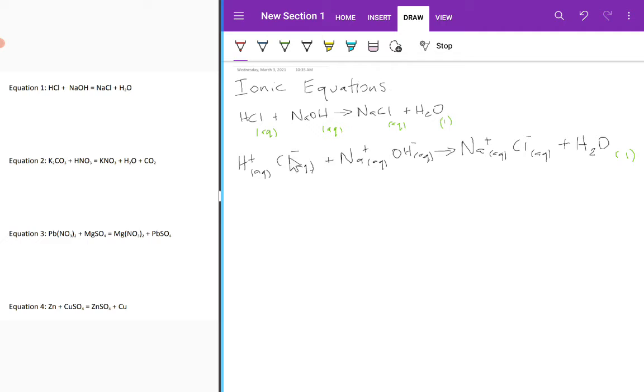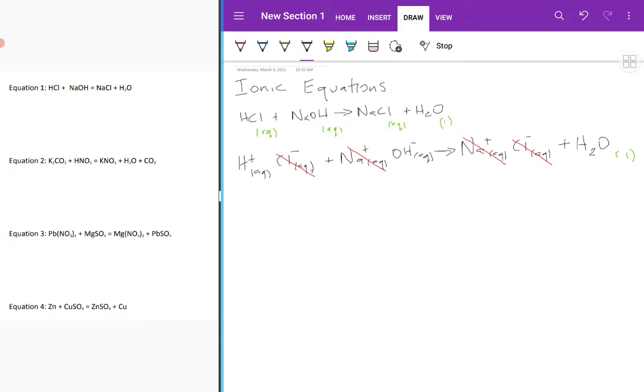We have Cl minus aqueous on the left and Cl minus aqueous on the right, so that's a spectator, and we get rid of it. Na plus aqueous on the left and Na plus aqueous on the right are also spectators, so we get rid of them. The OH minus aqueous is on the left, and we have H2O liquid on the right.